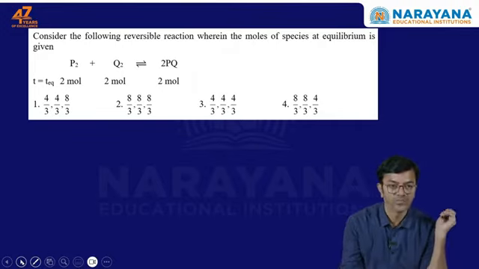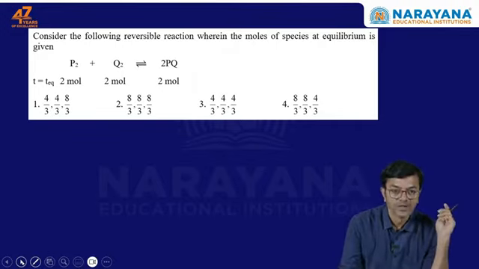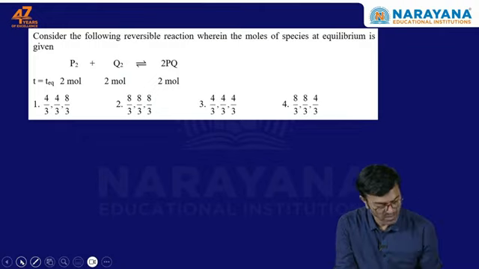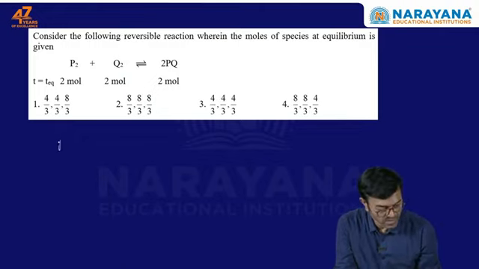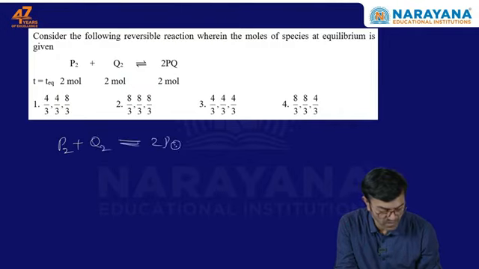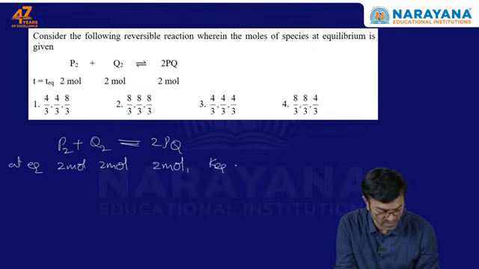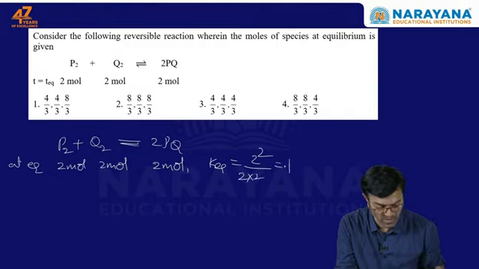Next, let us move on to an equilibrium question. P2 plus Q2 gives 2PQ, and only equilibrium moles are given. At equilibrium, 2 moles, 2 moles, and this also 2 moles. So directly we will be getting Keq, that is 2 square by 2 into 2, which is equal to 1.